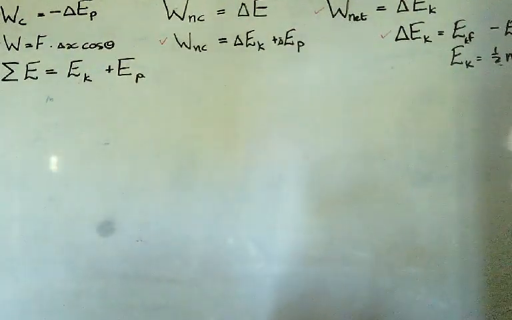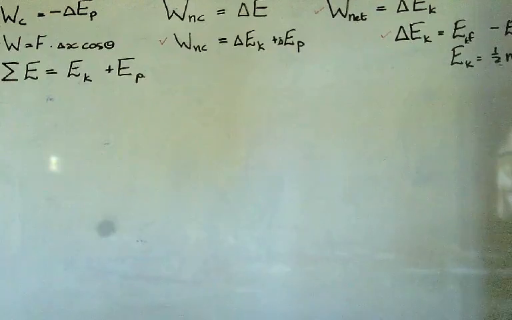Okay. So let's go to, I think I worked through all the little net work, conservative work, non-conservative work, all those equations during the lesson this morning. So now, I think on that worksheet we were at the point of working through some examples. What do we have?